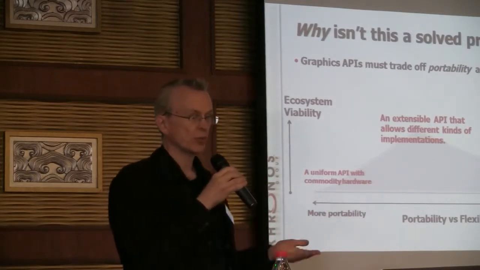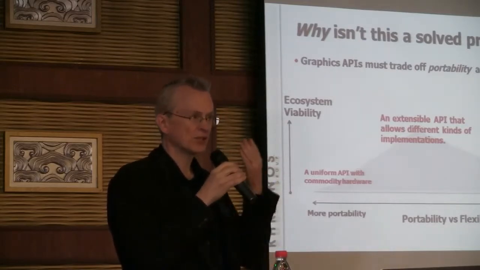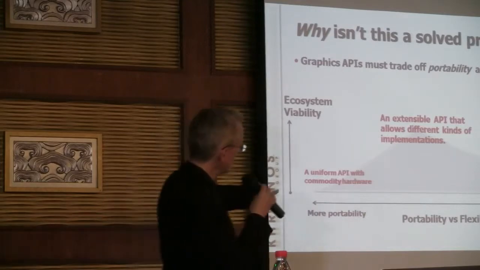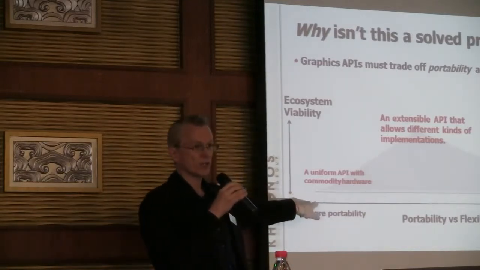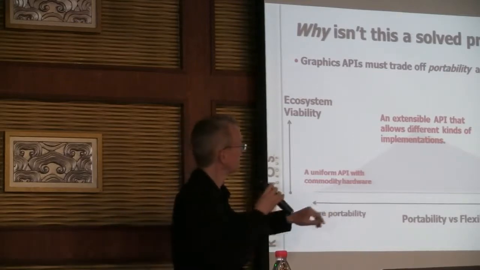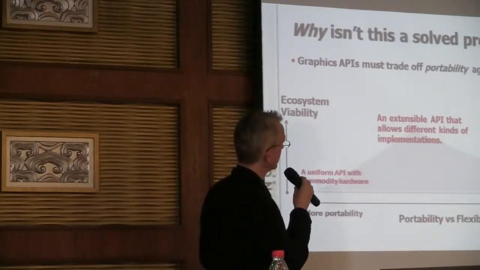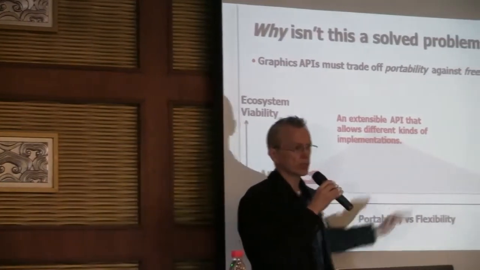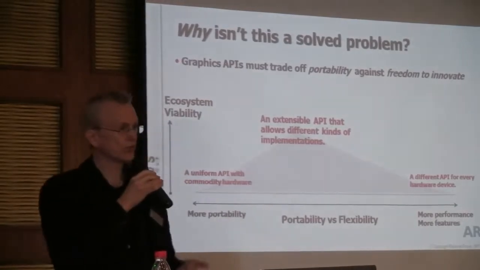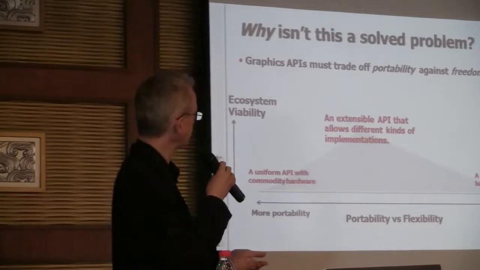So what happens when you do this is that the hardware vendors save their best ideas for some other platform, some other API. So this API works well for one generation, and then it dies. So this model is also not good. What we try to do in Khronos and in OpenGL ES is to have a middle road where we allow some freedom so that the technology can improve and the hardware vendors can have good ideas and exploit them.